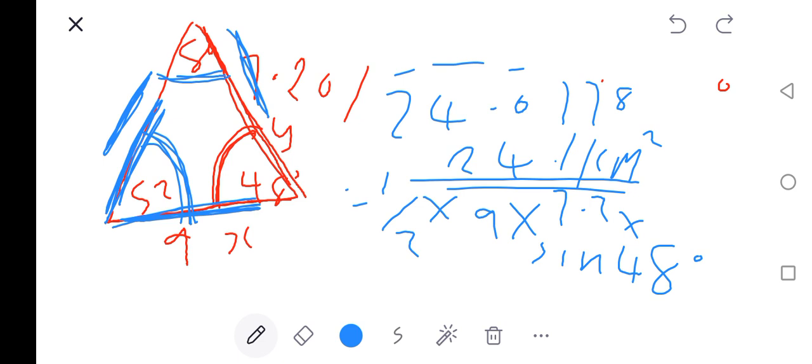The last question, area. I mean the shortest distance. The letters.